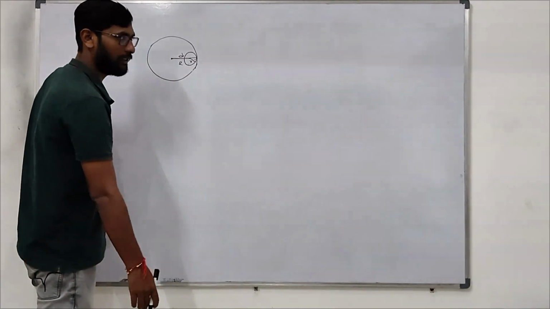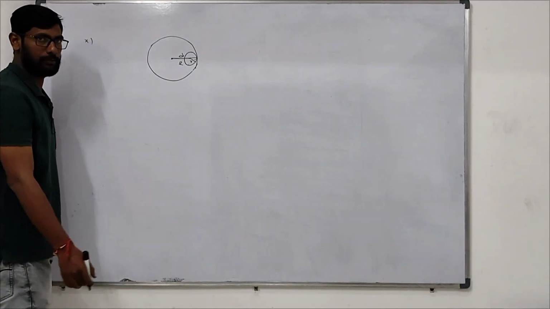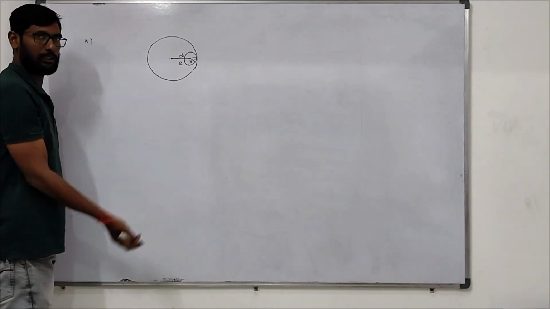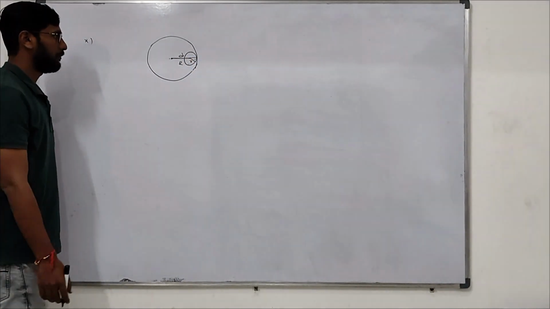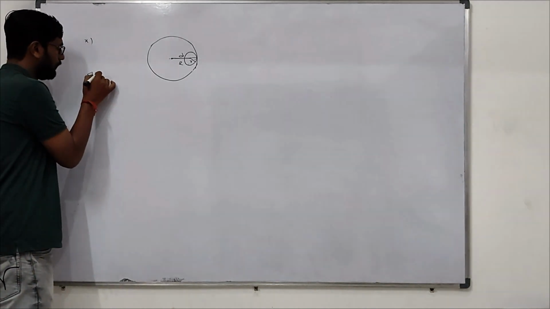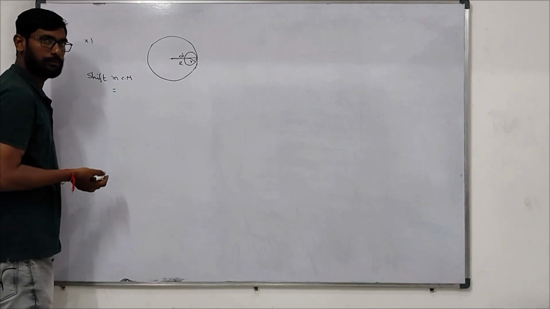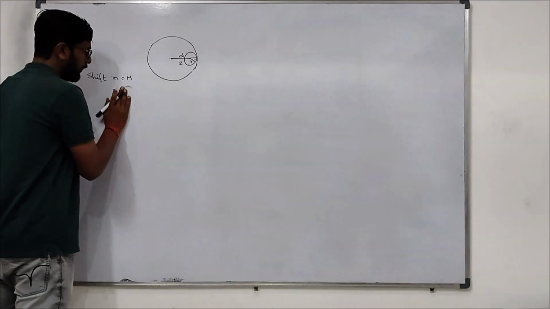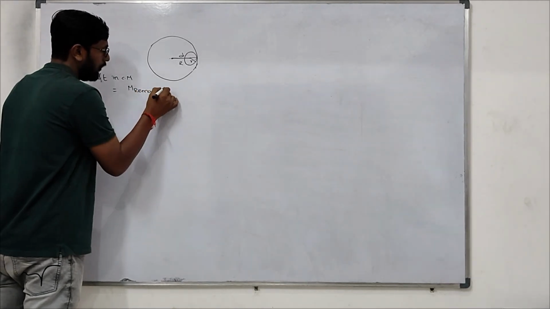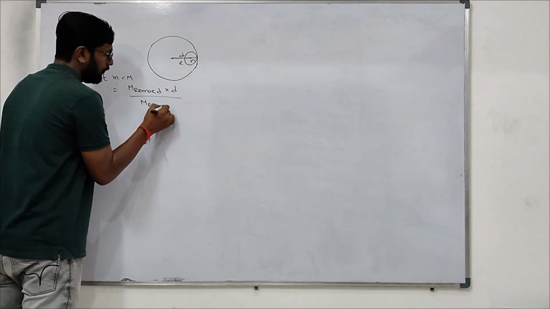Now you need to find the shift in center of mass. If mass is removed, the center of mass will be shifted this side, because it is on the radius only. So we need to find the shift in center of mass. Formula is what? Mass removed into d by mass remaining.